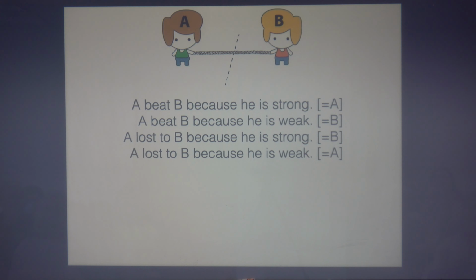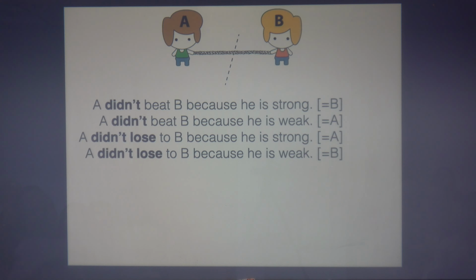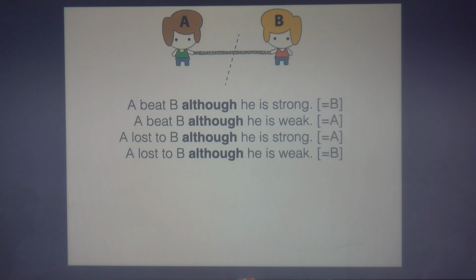You would just keep on moving these around by switching up sentences a little bit. We also do didn't beat, didn't lose to, which flips all the intuitions. We can do almost beat, which moves things around. Al beat Bart although he is strong. Right now it seems like Bart is strong, but Al beat him anyway. So you can get 32 sentences by just flipping these different bits.